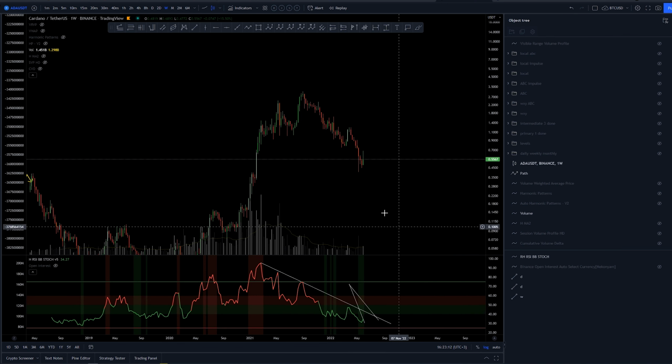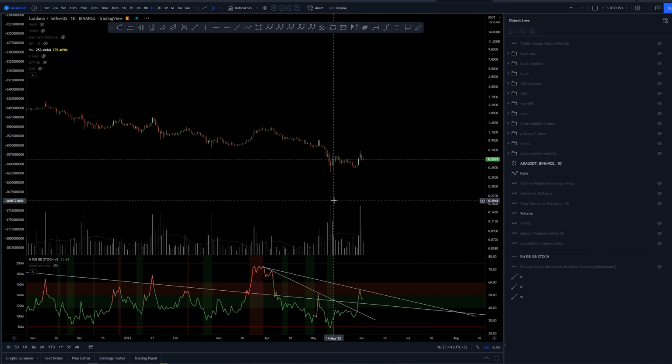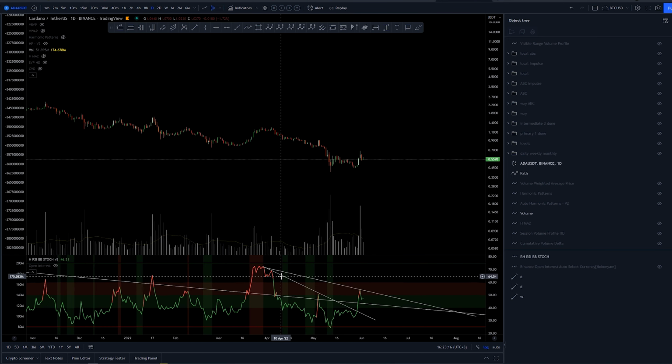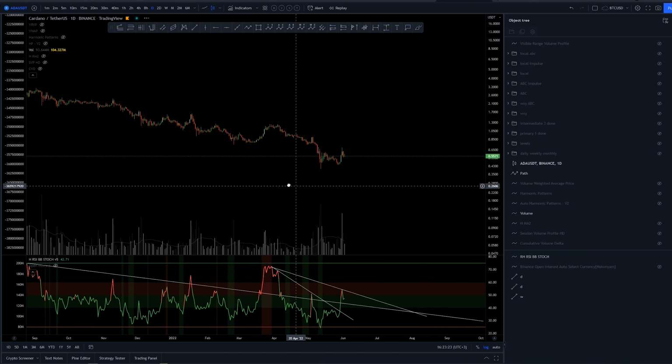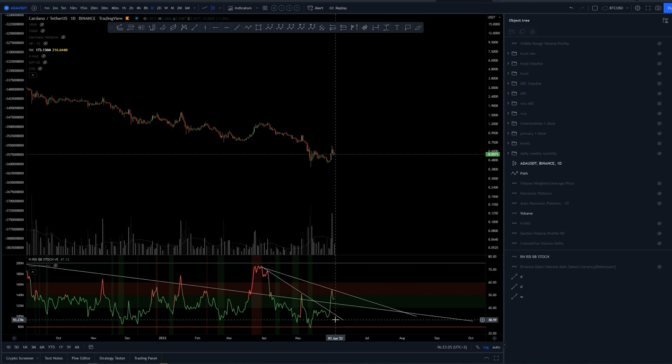Now, that being said, on daily we had this previous trend as well, coming down from these highs around end of March, and we did break that, confirming that we had some kind of bottom here.